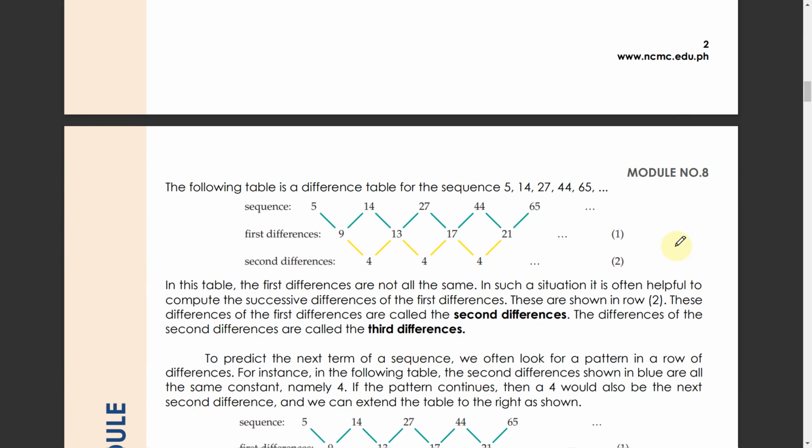Okay? The following table is a difference table of the sequence 5, 14, 27, 44, and 65.